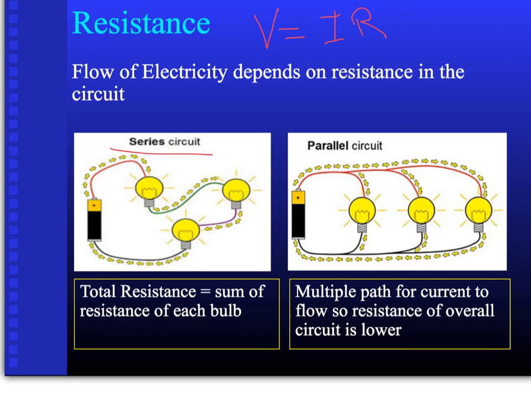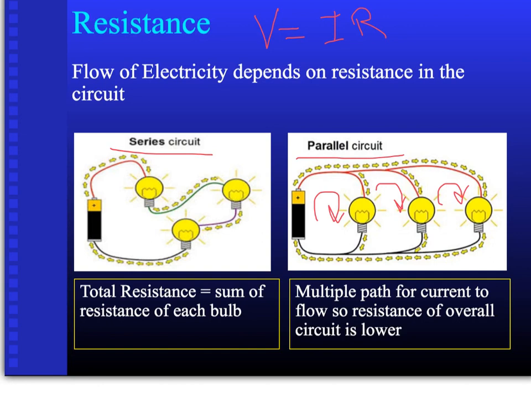In the parallel circuit, we have the same three lamps, but now each lamp has its own circuit, its own current flow. Remembering that voltage equals current times resistance, the current is going to be driven only by the resistance of that one lamp, which is going to be less than the series circuit.